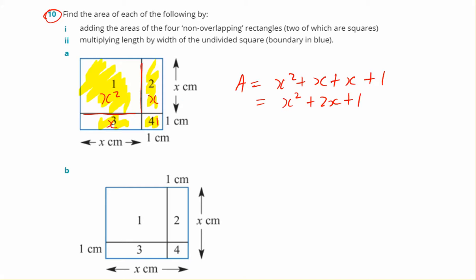Another way to do it is by multiplying the lengths by the widths of the undivided square, so boundaries in blue. So you're just multiplying that with that.